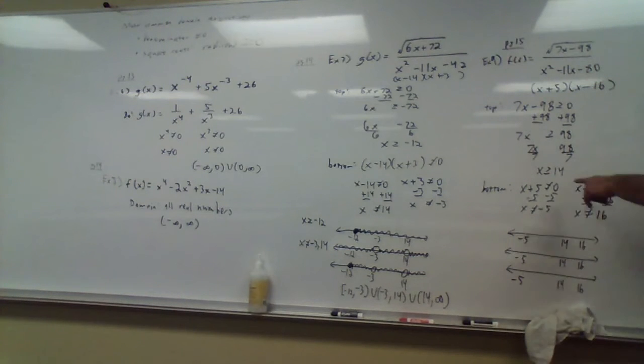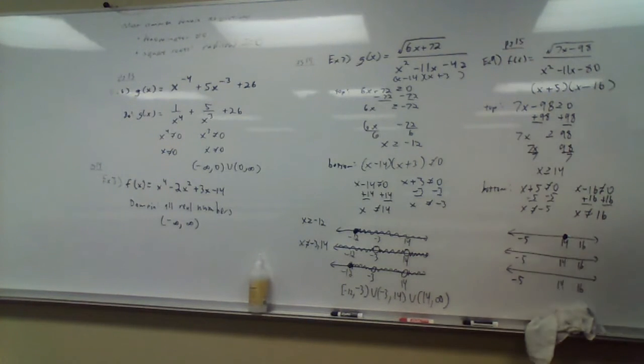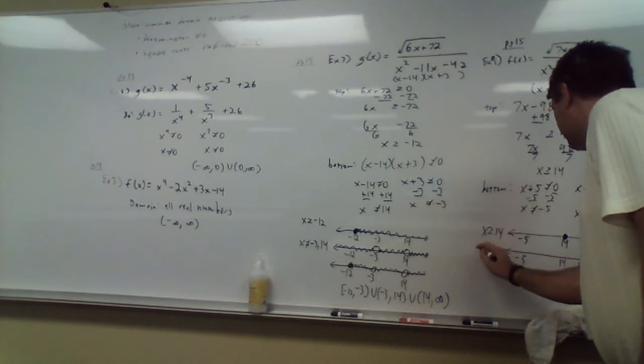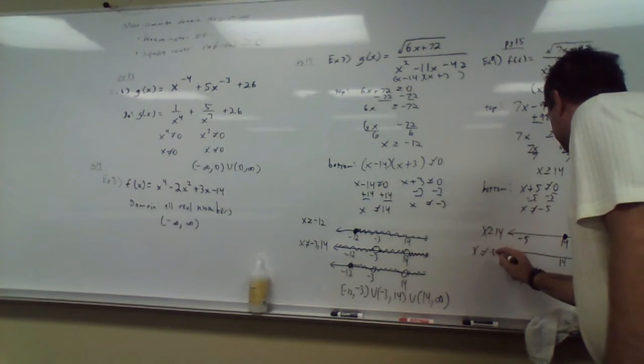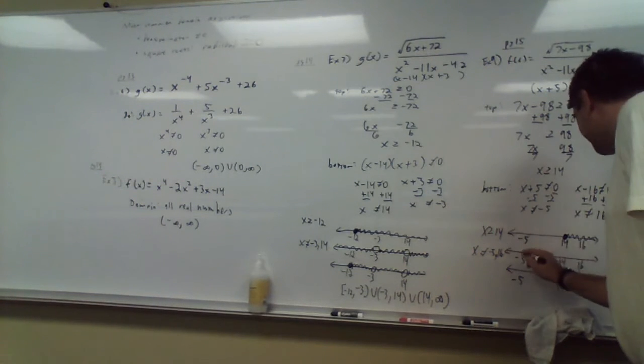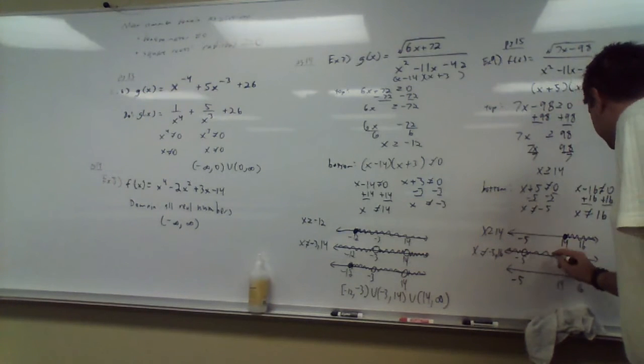All right, so greater than or equal to 14 is going to be a closed dot. So x is greater than or equal to 14, closed dots, shade the numbers that are greater. X cannot equal negative 5 or 16. That's going to be these two. Everything else can be shaded.